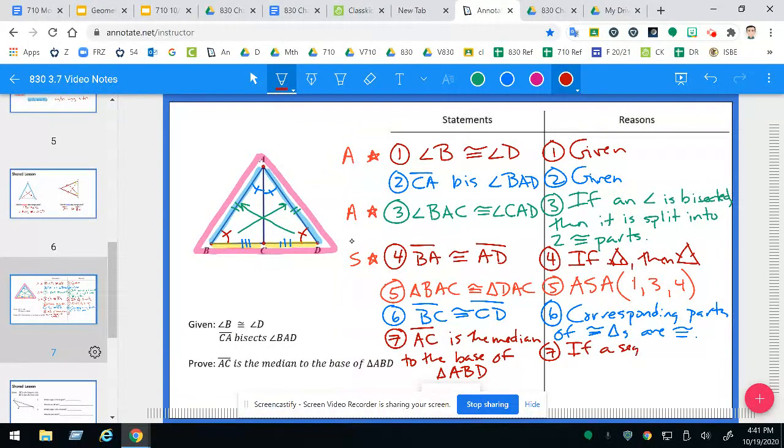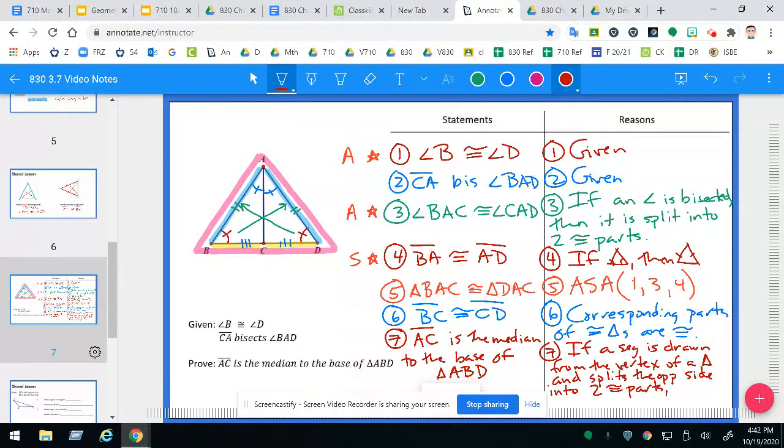So if a segment is drawn from the vertex of a triangle, which it is here, vertex A, and splits the opposite side into 2 congruent parts, which it does.